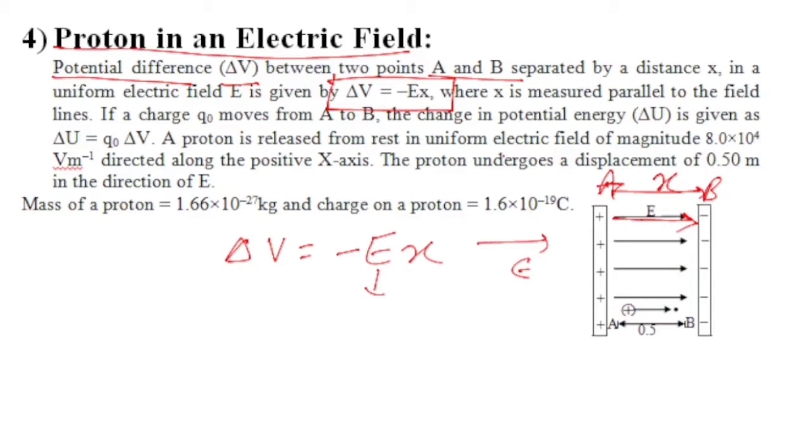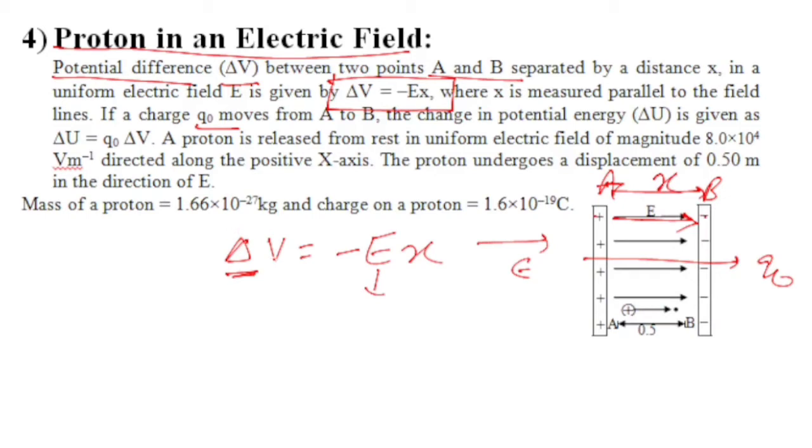If a charge Q naught moves from A to B, suppose some amount of charge Q naught moves from this positive plate to this negative plate, then change in potential energy delta U is given. This is potential difference between the plates A and B separated by a distance x, and E is electric field.